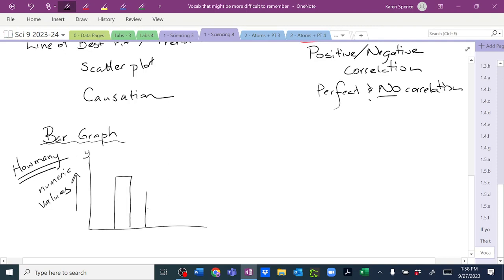What sorts of things, so how many is going to go on the y-axis, what sorts of things are going to go on the x-axis? Have a chat about that.